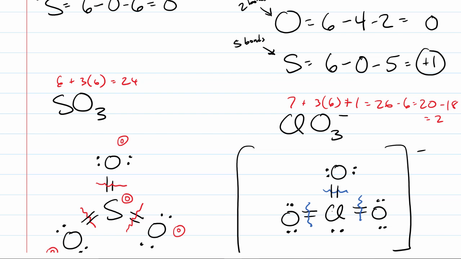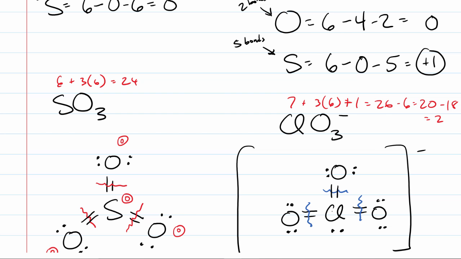The formal charge on this chlorine at this point would be, neutral atom of chlorine is how much? 7. How many are we assigning to this chlorine right now? 8. We put in 1, 2, 3, 4, 5, 6, 7, 8. 7 minus 8 is -1.